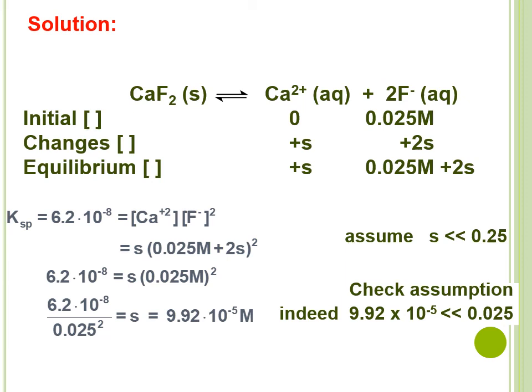That one in the bracket must be to the power of 2 because the stoichiometric coefficient for fluoride ion is 2. So 6.2 times 10 to the power of negative 8 divided by 0.025 to the power of 2 is equal to S. And when we press the calculator, the answer is 9.92 times 10 to the power of negative 5 molar.